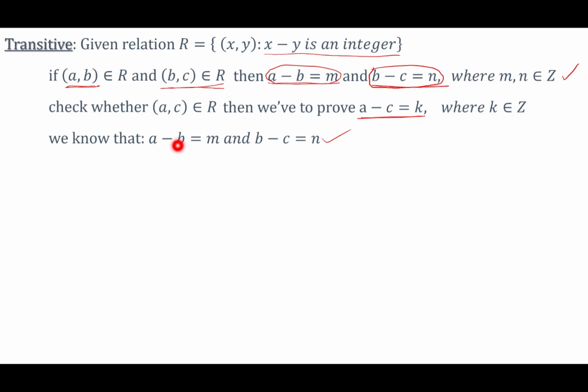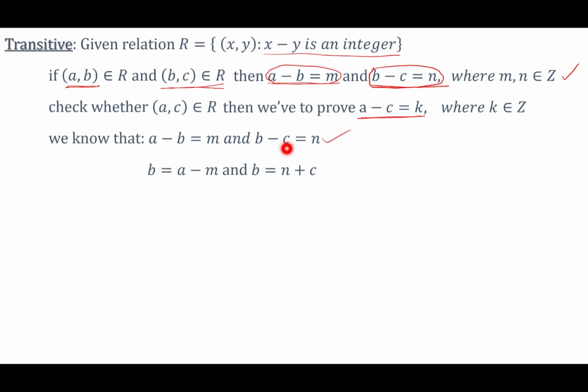So if I switch negative b to the right side and m to my left side, b will become positive, m will become negative. Similarly on the other side. So b equals a minus m. Similarly, I solve for b in the other equation.